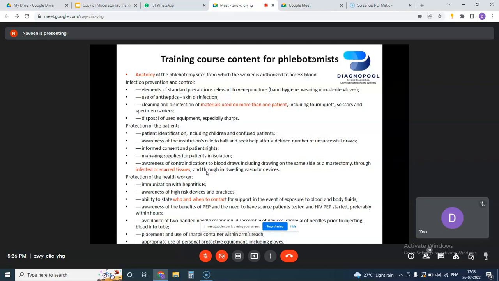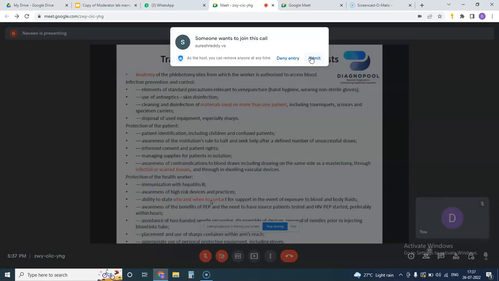And other topics related to protection of the health workers are like immunization, which needs to be known. Awareness of high-risk devices and practices. The high-risk practices, as I already told you, such as use of 2 hands to close the needle with the cap, should be avoided.